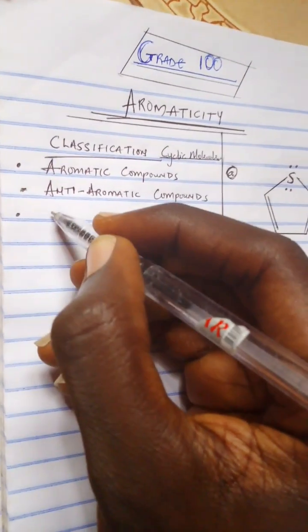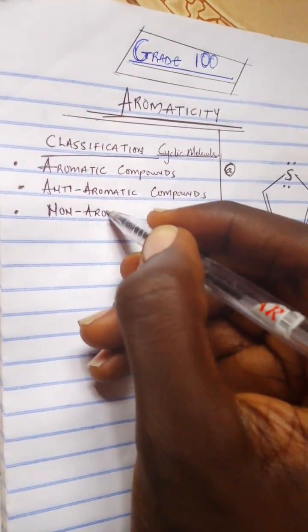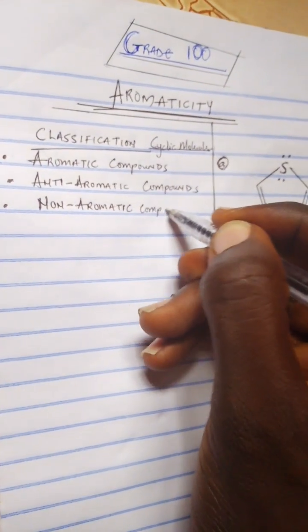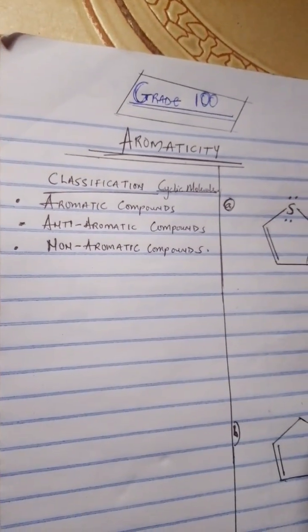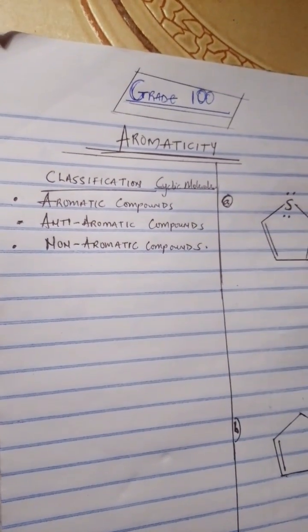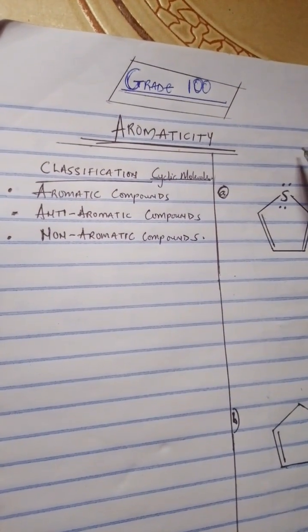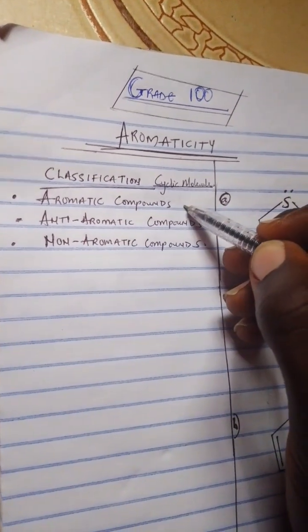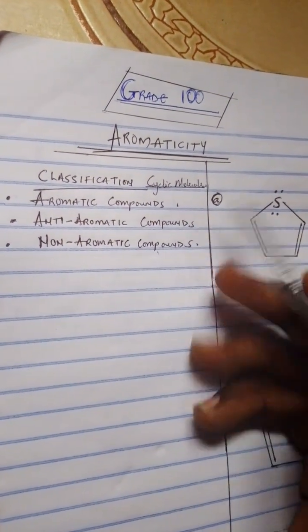And third, we have the non-aromatic compounds. Now, these are the three classifications of aromaticity. In this video, we are just going to be looking at some basic compounds, and we are going to be checking out if these compounds are either aromatic or anti-aromatic or non-aromatic.